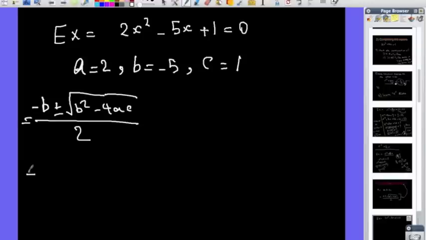So this equals negative... since there's a negative here and a negative here, you should write them separately because they have nothing to do with each other. They're different negatives. So what is b in this case? It's -5. So you just substitute it: -5 plus or minus root. What is b here again?